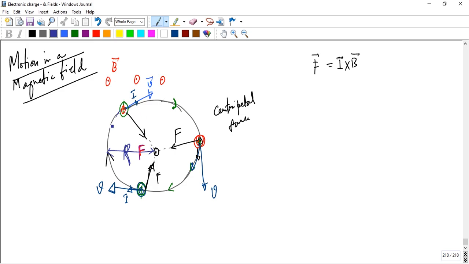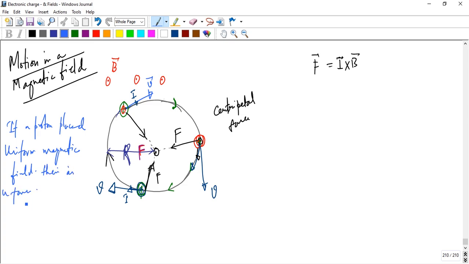If a proton plays in a uniform magnetic field, okay, so there is a force, and the direction of the force is towards the center.